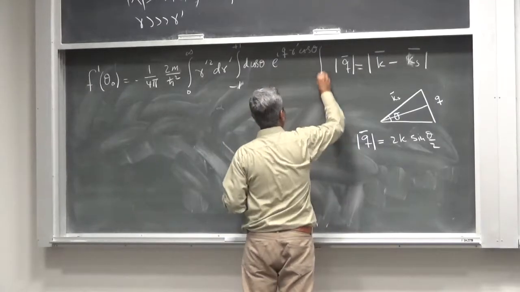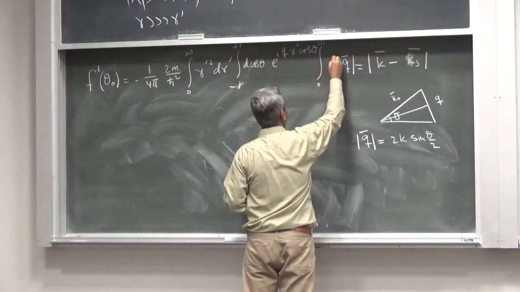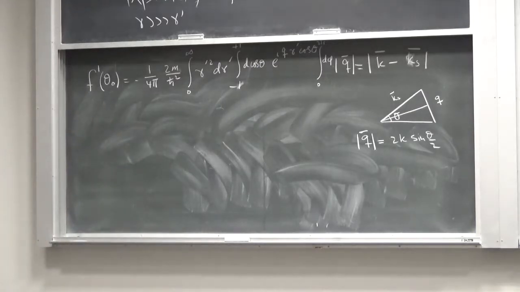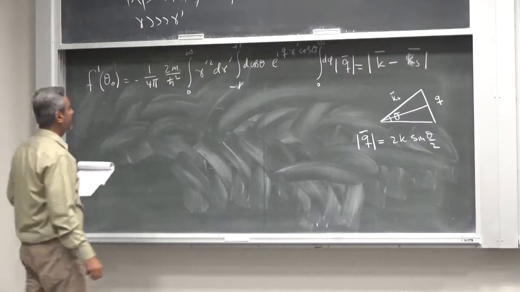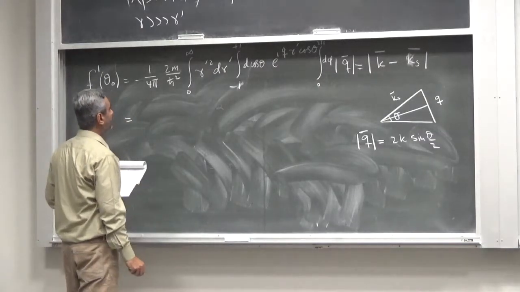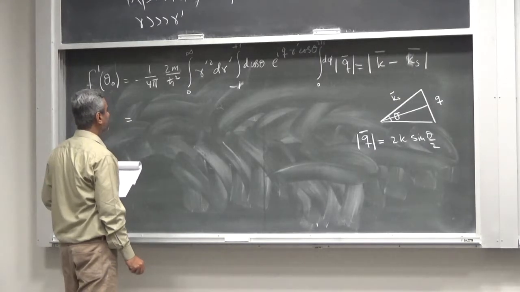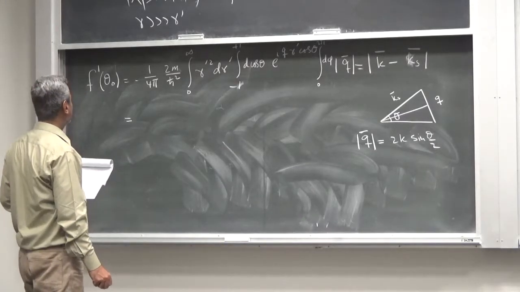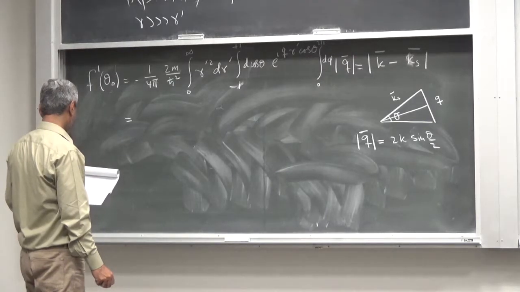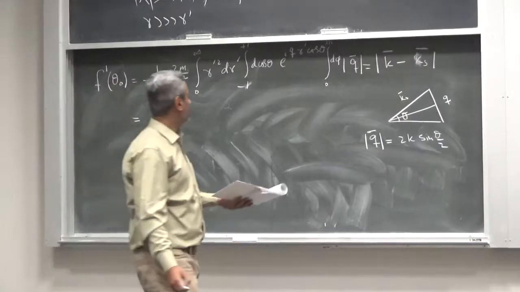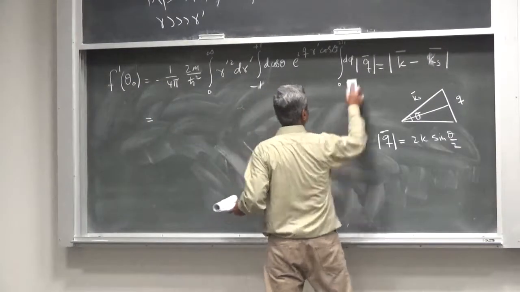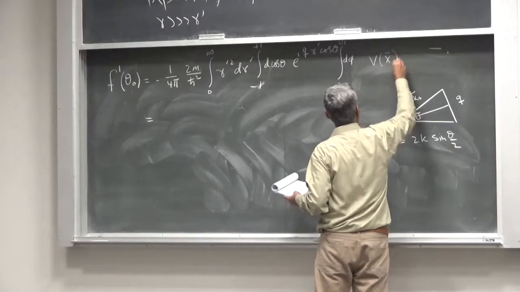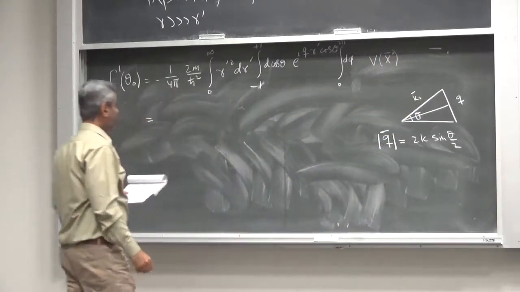And the integral from 0 to 2 pi d phi. Okay, so this is going to be, where is V? My notes had V of x here.